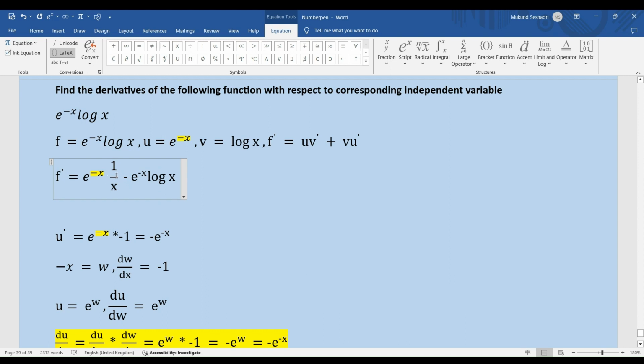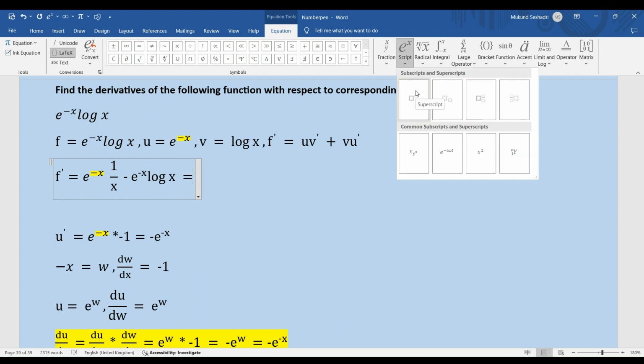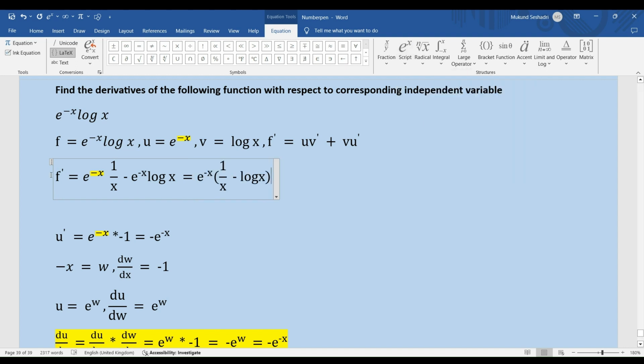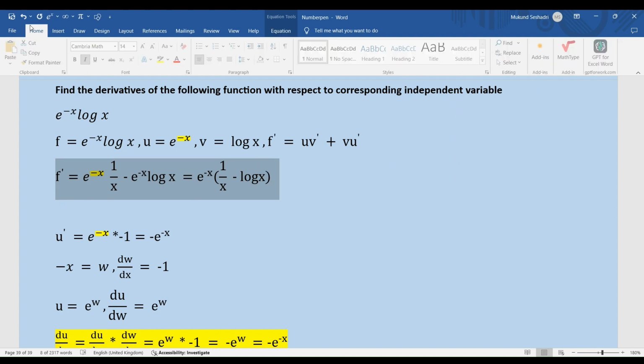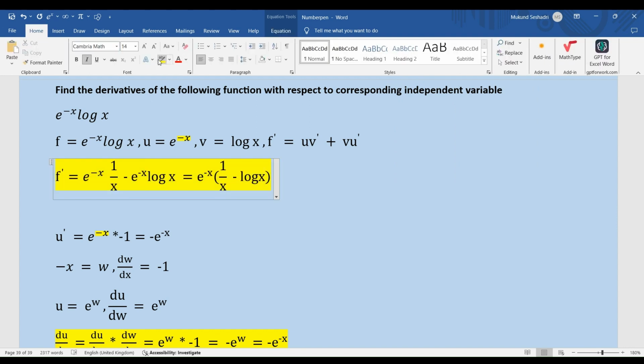So there I have the final answer. I can pull out e to the power minus x because that seems to be a common factor. That's our f dashed. And let me highlight it. So my f of x being e to the power minus x log x, my f dashed is e to the power minus x into 1 by x minus log x, right?